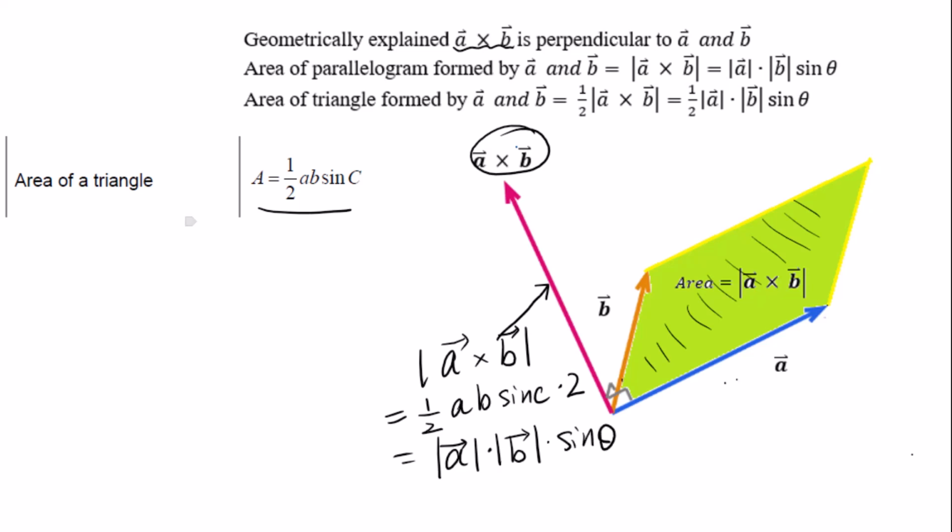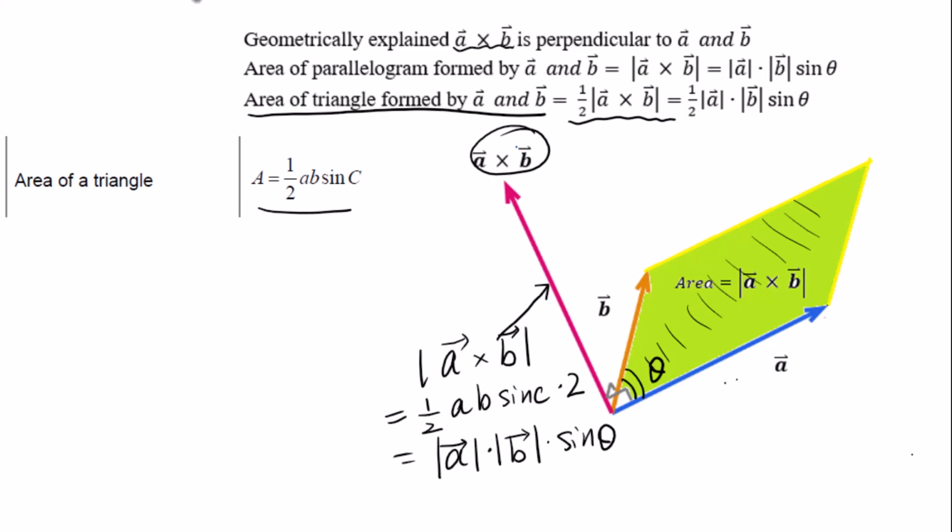Let's label the angle formed by vector A and vector B as theta. In other words, the area of the triangle formed by vectors A and B equals 1/2 the length of A cross B. This is a very important fact.